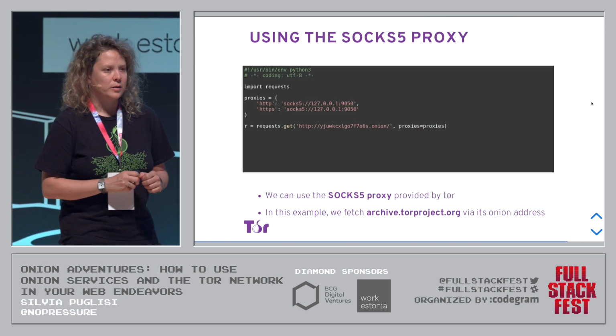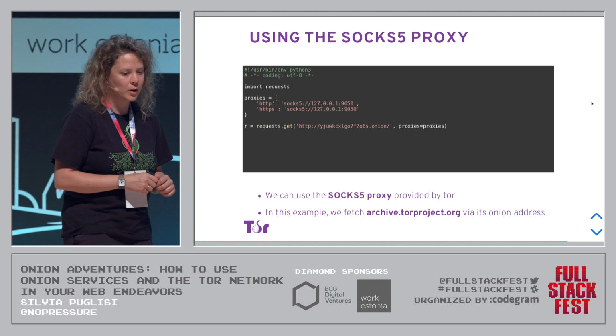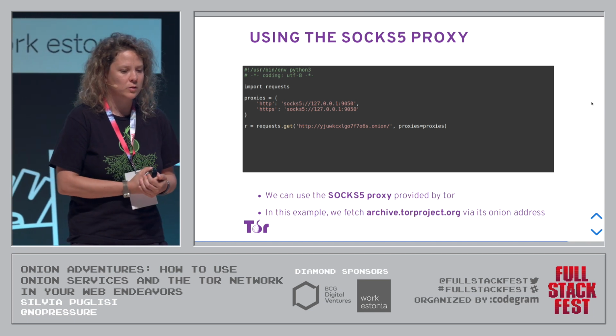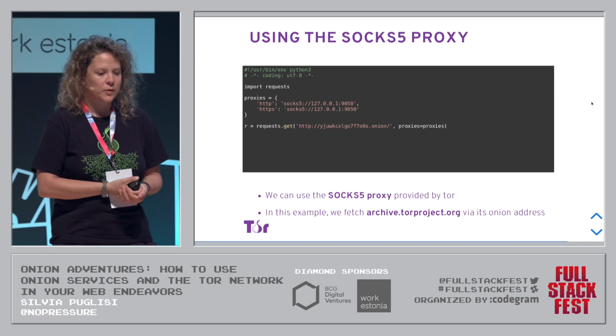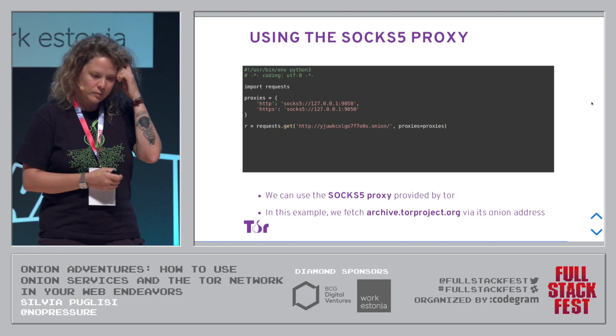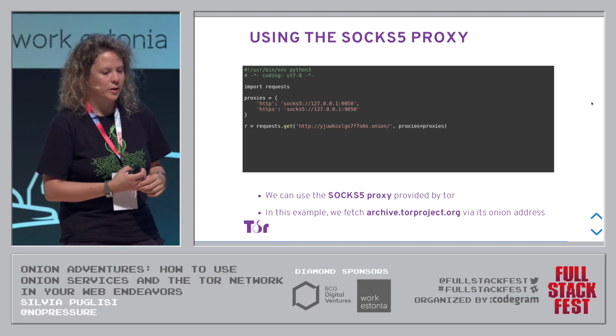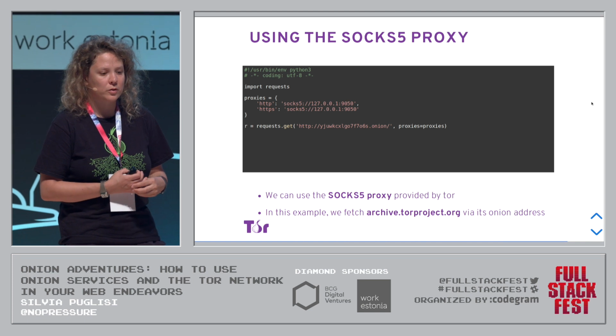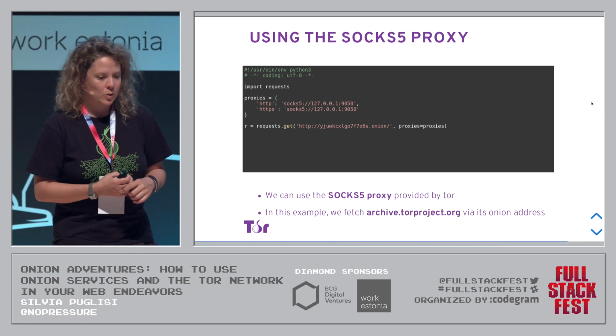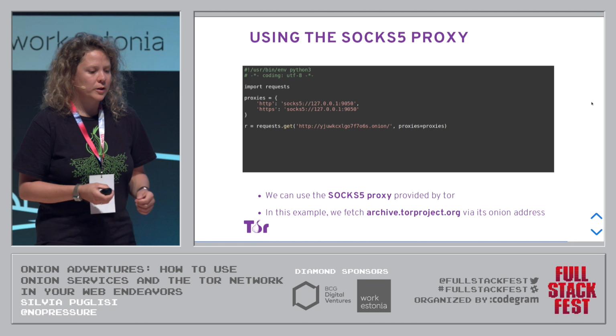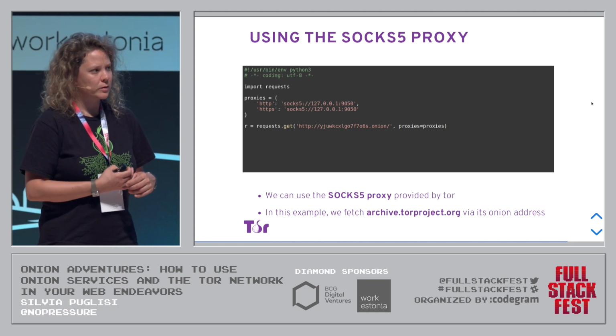So this is another example, and it's a few lines of code in Python that allows you to use the socks 5 proxy that is provided by Tor, and it's what Tor socks use. So I didn't install anything specifically. I think requests comes with Python.